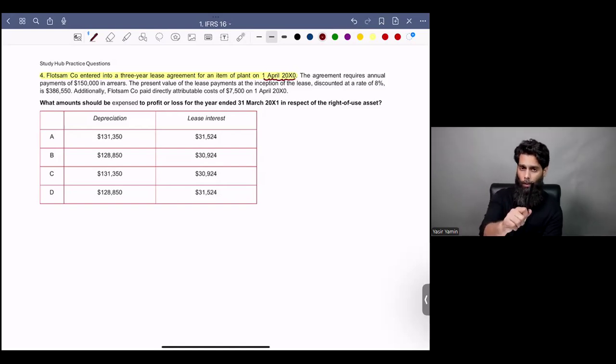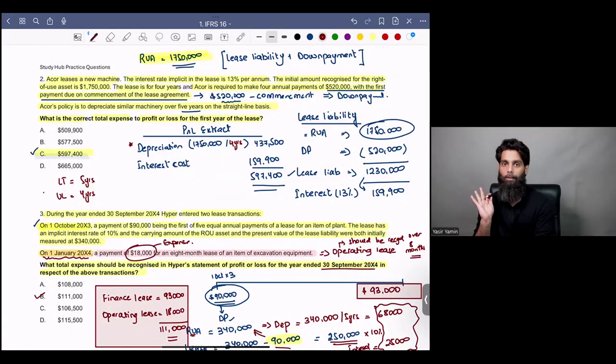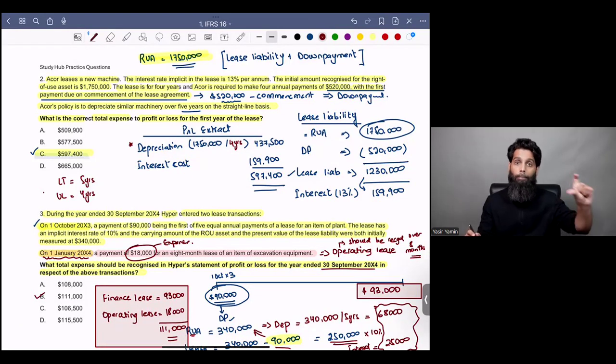Now, there is one more question I would like to answer. Somebody asked me, sir, if there is an operating lease, should the expense of the operating lease go into administrative expenses? That depends. If you have taken an operating lease for computer equipment, then computers are used for administration, and therefore your expense should be charged to administrative expense.